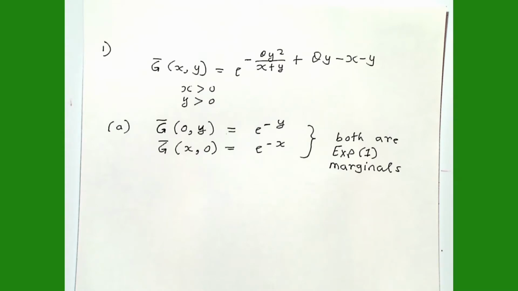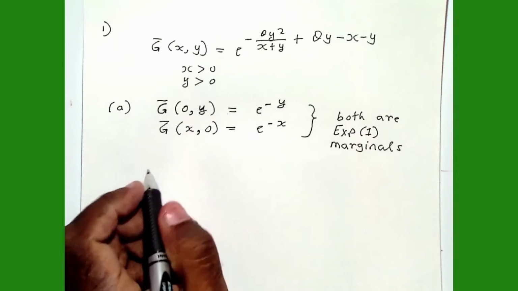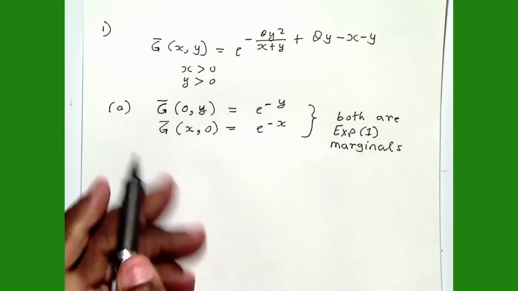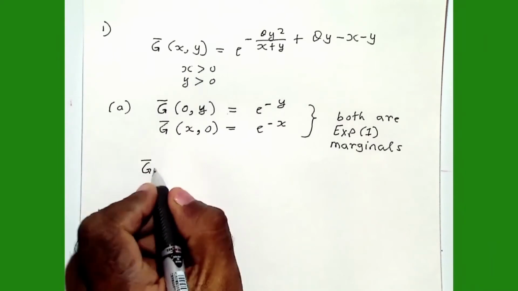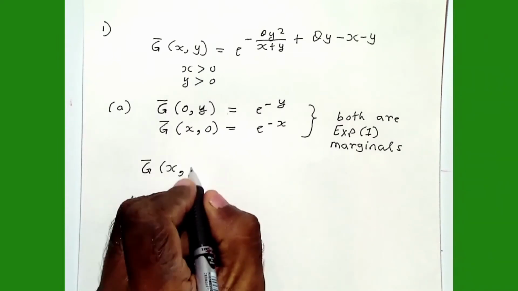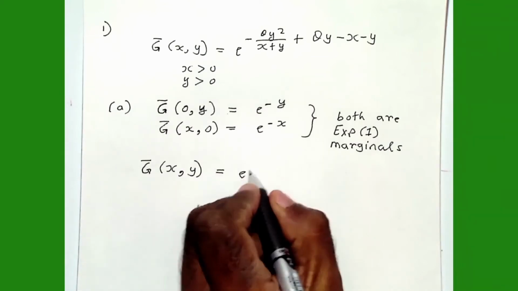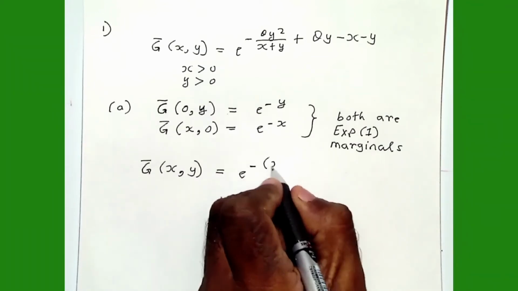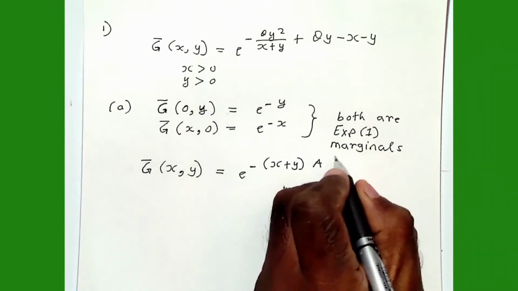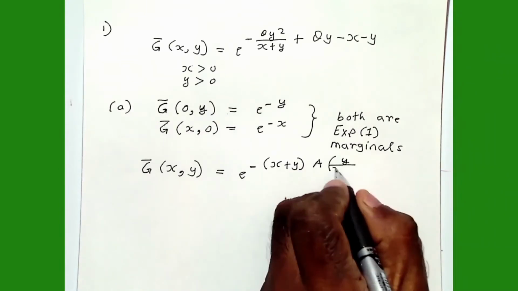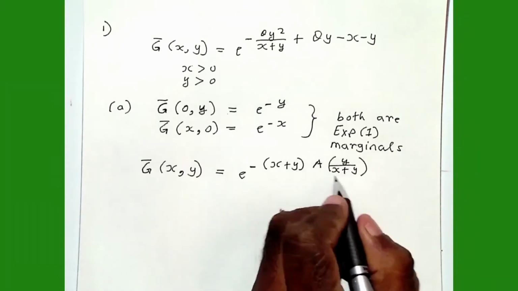So in other words, you need to express G bar in the following form, for a function A. This is basically representation 4.